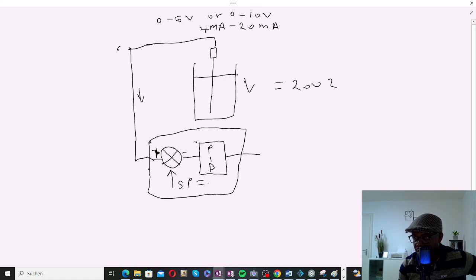Set point is going to be 200 liters. And these 200 liters that you have here, if you are using a 0 to 10 volts controller, like this example, that's what we saw here. You can do an interpolation.